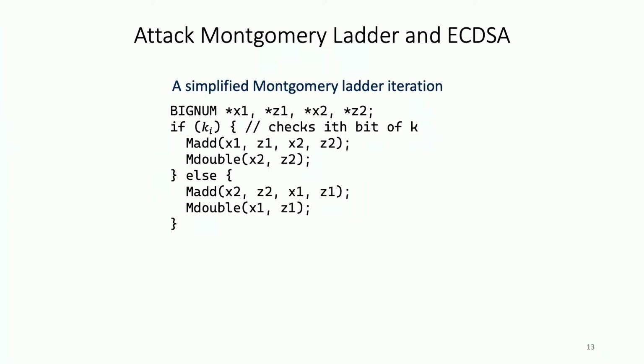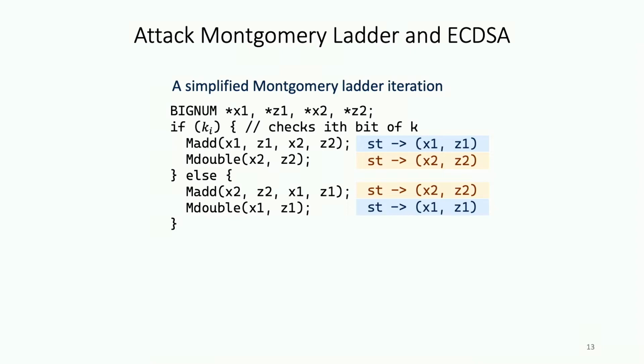Each iteration, it checks the ith bit of k, and depending on its value, it calls functions madd and mdouble with different arguments. We don't have to worry about what each function does in detail, but only need to know that if ki is 1, madd writes results to big numbers x1 and z1, and mdouble writes to x2 and z2. But if ki is 0, the order is reversed.